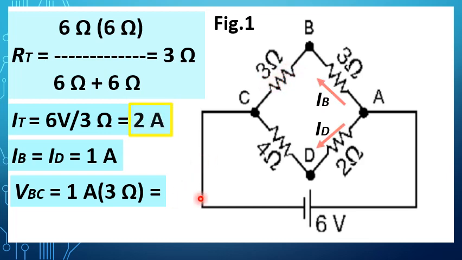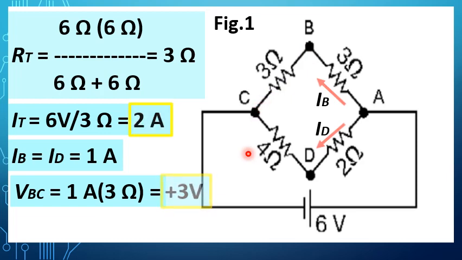We, of course, get the potential at point B relative to point C, which is positive 3 volts. The meaning of the positive is just emphasizing that point B is at a higher potential compared to point C.